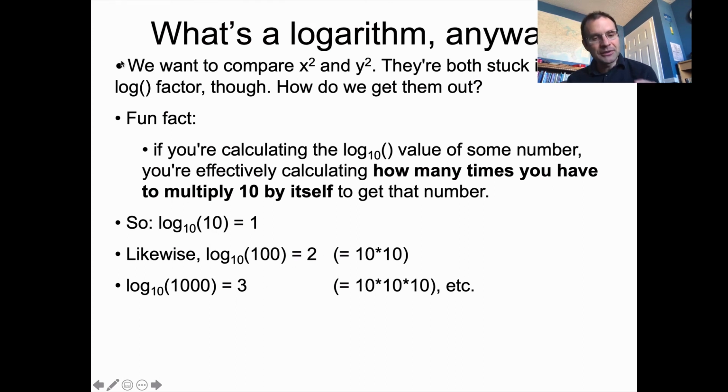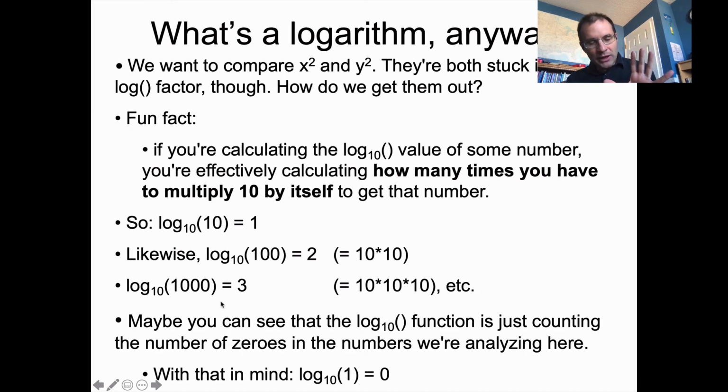I will also mention one way to conceptualize this, which is fair enough for our purposes: the log function here is basically counting the number of zeros in the numbers in the parentheses. So 10 has 1 zero, so the log of that number is 1. 100 has 2 zeros, so log base 10 of that number is 2.